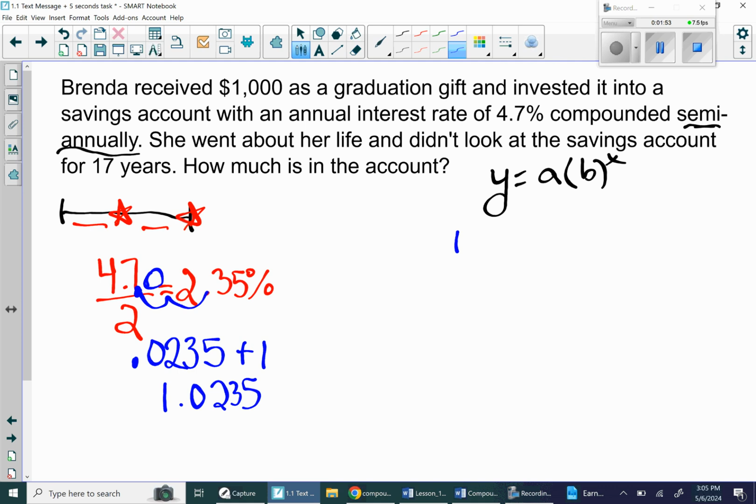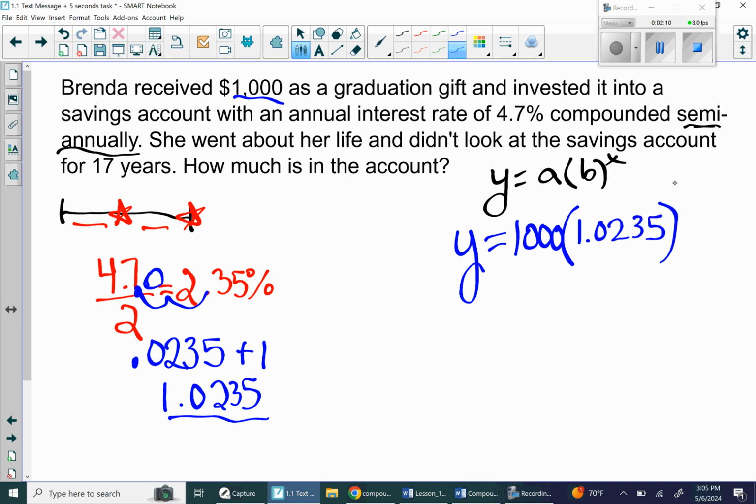So y equals, or money equals, depending on how you're looking at it, the a value is the starting point, and that is the $1,000 that she received. So let's go $1,000 times the growth rate of 1.0235, and then it's to the, and this number must reflect the number of times that we received a deposit.